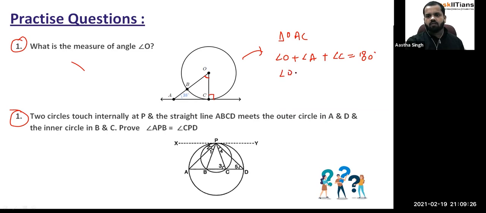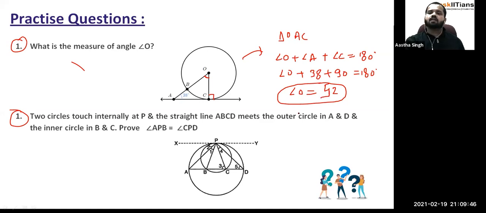You have to find angle O. Angle A is 38 and angle C is 90 degrees. So 180 minus 90 is 90, so angle O will be equal to 90 minus 38, which is 52.